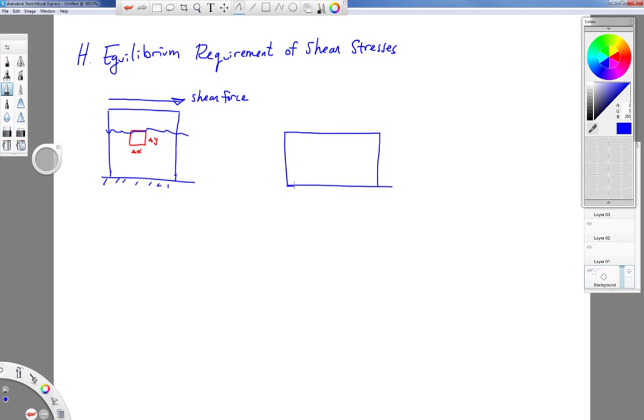And I want to draw this in a little bit of a 3D perspective, where I have a little bit of a thickness to this plate. And I'm just going to call that thickness T.